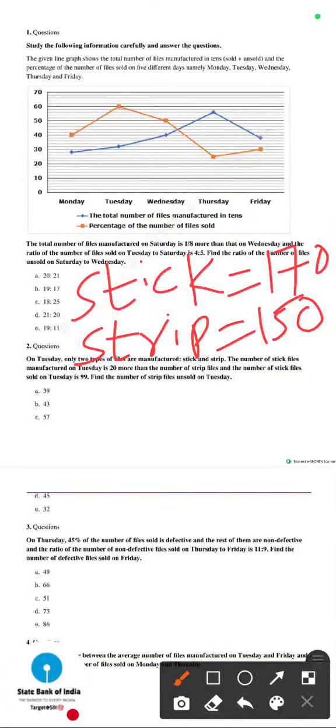Find the number of strip files unsold on Tuesday. Okay, we got the stick and the strip. The question asked is the number of stick files sold on Tuesday. Stick files sold is 99. So unsold sticks will be 170 minus 99, which will be 71 unsold sticks.